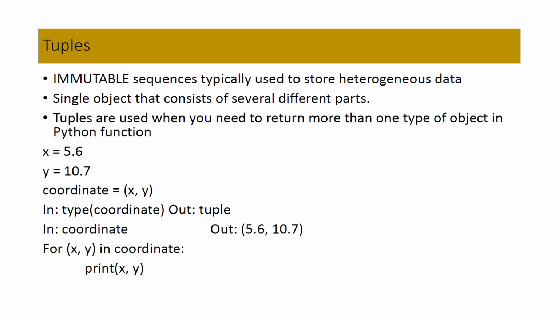Tuples are immutable sequences, typically used to store heterogeneous data, a single object that consists of several different parts. Tuples are used when you need to return more than one type of object in a Python function.